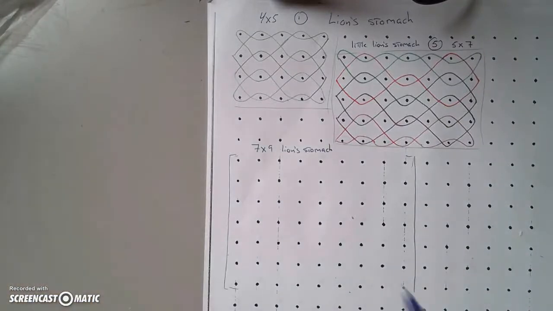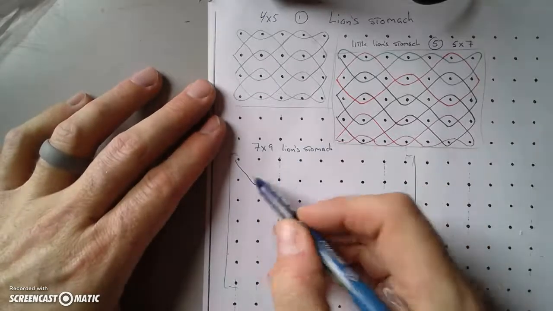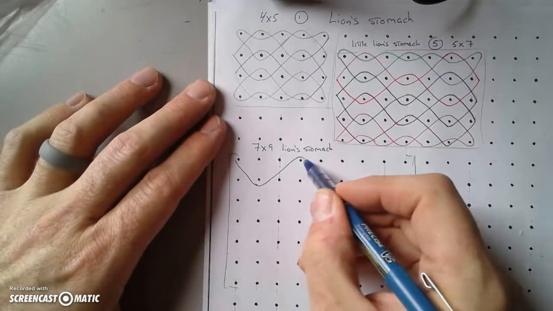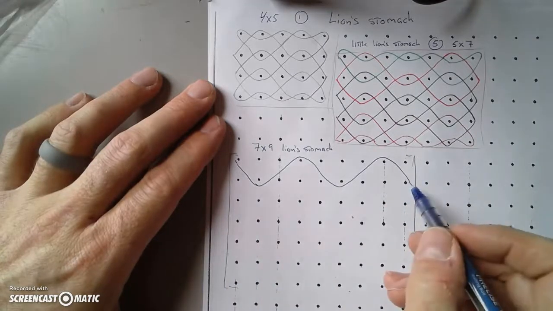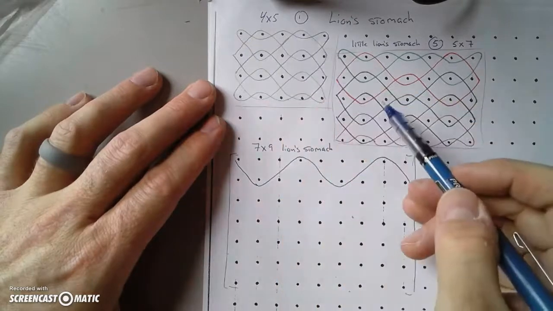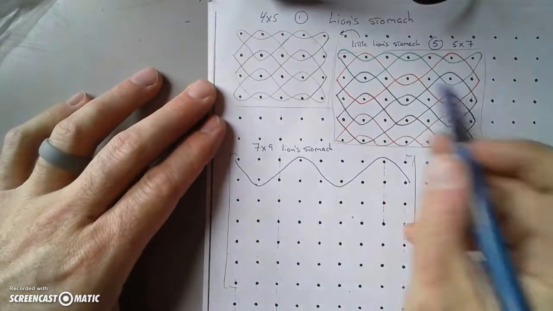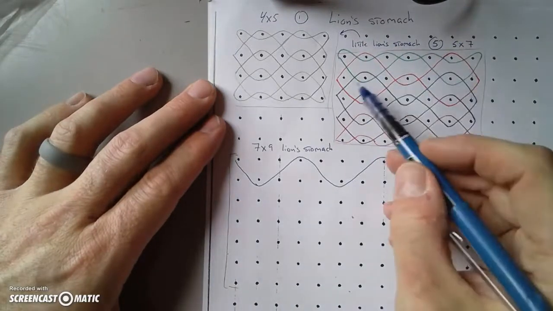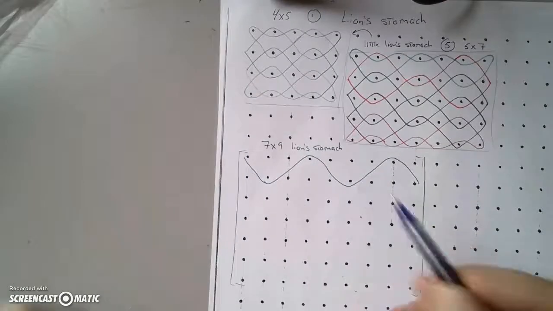So let's see what happens here. I'll start doing that S motion. Down and then up, and then down and then up, and then down. I have more room here. Before I could only fit a down and then up on a little lion stomach, which is this one. On this intermediate one, I have a down, up, down, and here I have a full 2 of each.